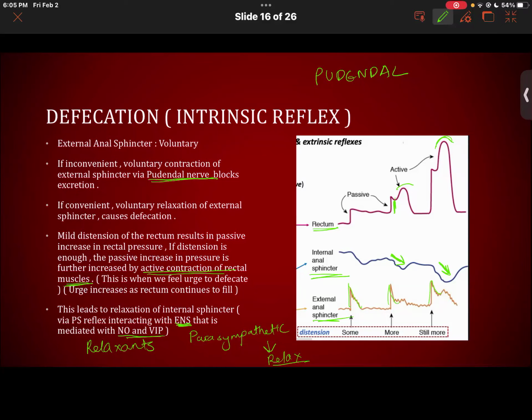There is no decrease in pressure, and this is due to the fact that it does not care if there is pressure in the rectum because of the feces. It's only controlled by the pudendal nerve, and it's a skeletal muscle, so it only cares about voluntary control. So unless your brain tells it to relax, it's not going to relax, and that's why you see that there is no decrease in pressure unless the brain wants there to be, as you see in this case over here. But this is controlled by you because it's voluntary.